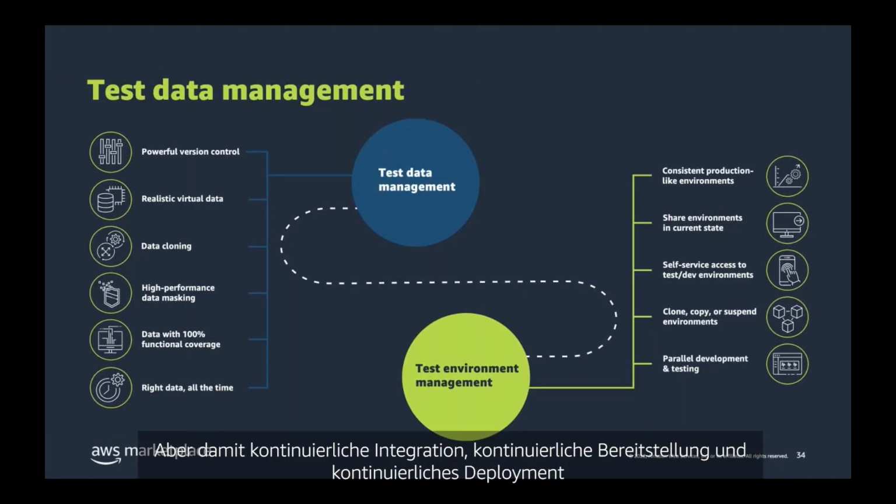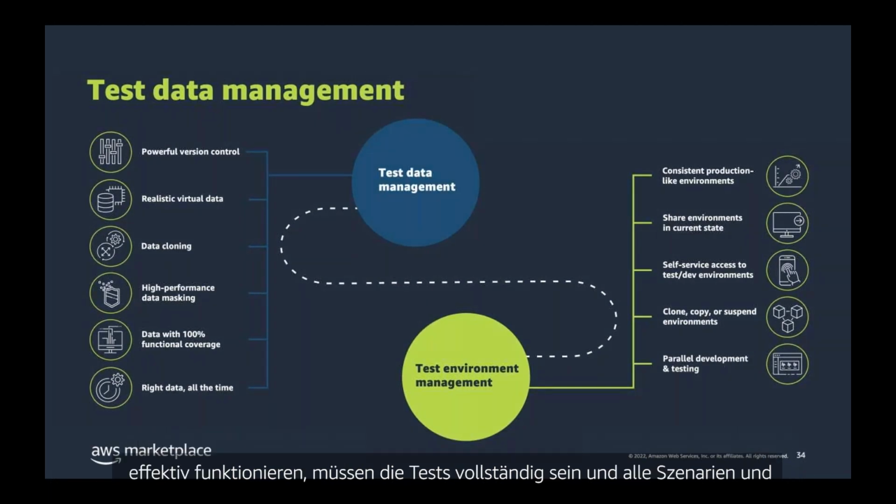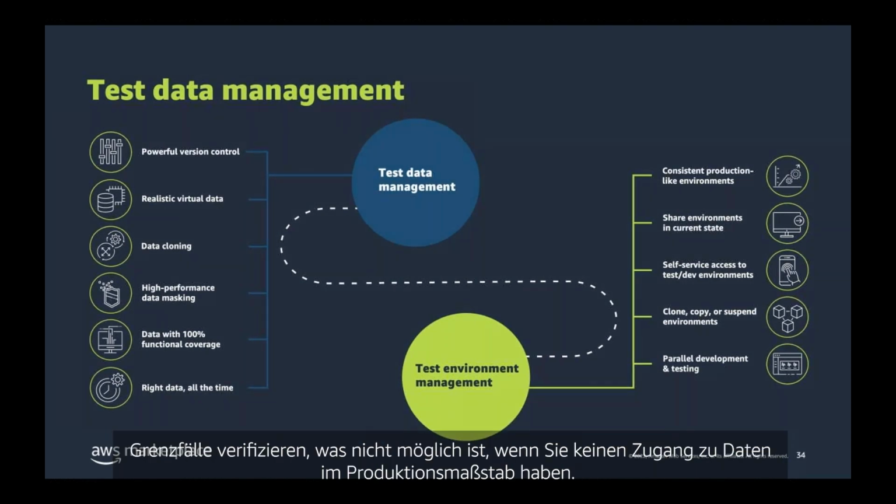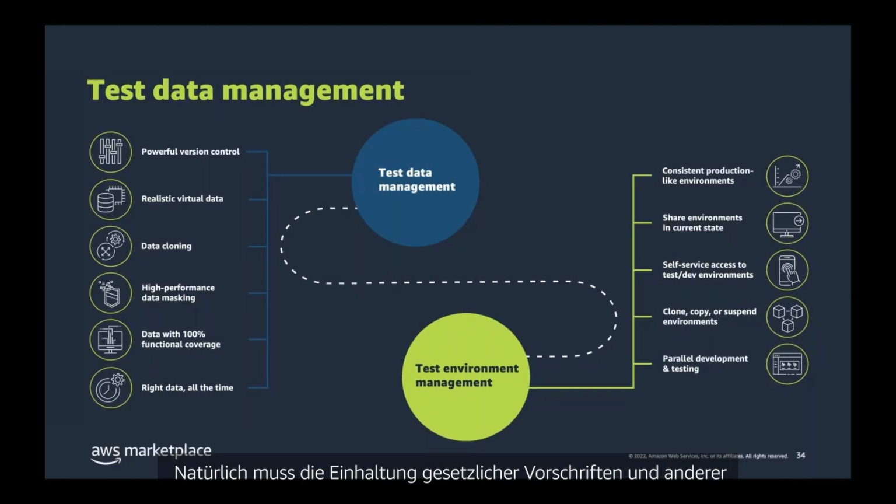But for continuous integration, continuous delivery, and continuous deployment to work effectively, the tests need to be complete, verifying all scenarios and edge cases, which is not possible unless you have access to production scale data. Of course, keeping regulatory compliance and any other organizational policies in mind.